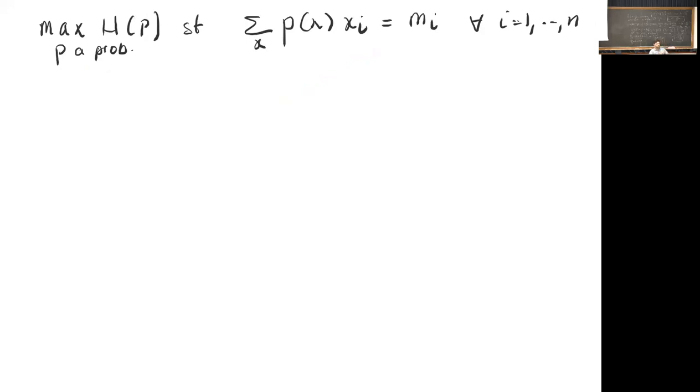All right, can you try to solve this problem? Come. So the Lagrange function, what you wrote is already not correct.